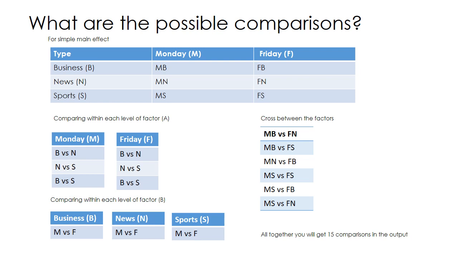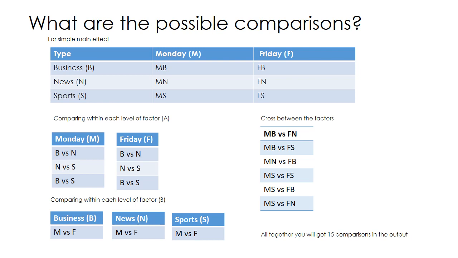Day has two levels. The first level is Monday. In Monday I have sports, business and news, so I'm comparing the number of inquiries between the three groups. And then I do the same thing with Friday.